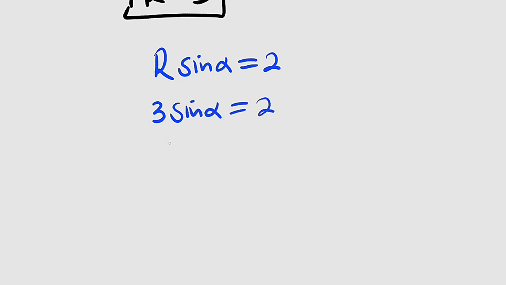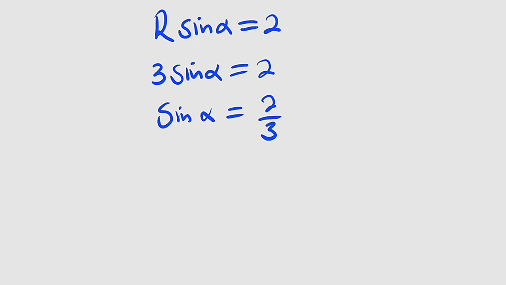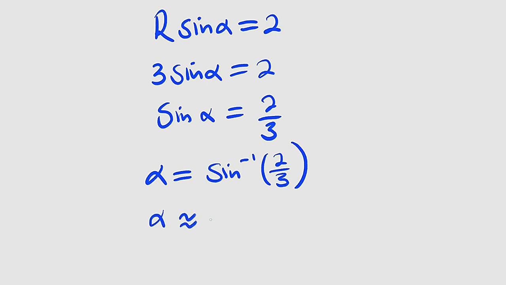Divide both sides by 3: sine alpha is equal to 2 over 3. We are looking for alpha in the first quadrant, because they say from 0 to 90 degrees. So we take sine inverse of both sides: alpha is equal to sine inverse of 2 divided by 3, which is approximately 42 degrees.